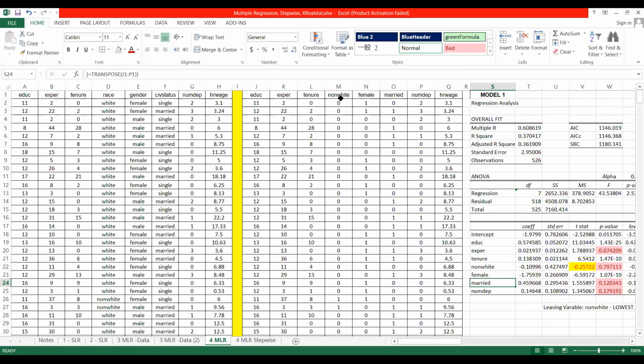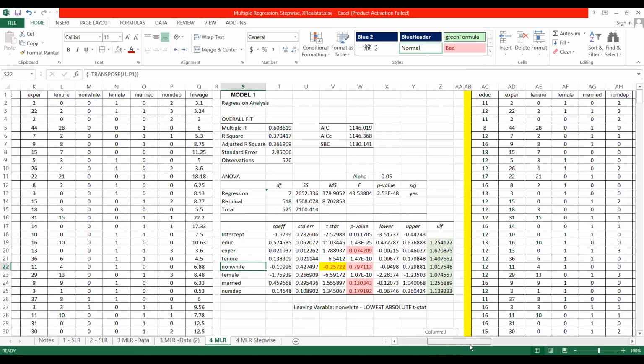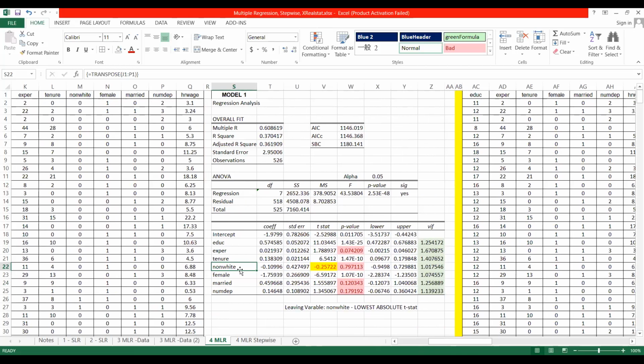Of course, you can change this with another name. Linagay ko lang na non-white para alam natin na si non-white yung 1. Therefore, yung base factor natin o reference factor si white. Okay, so we generated this last time.